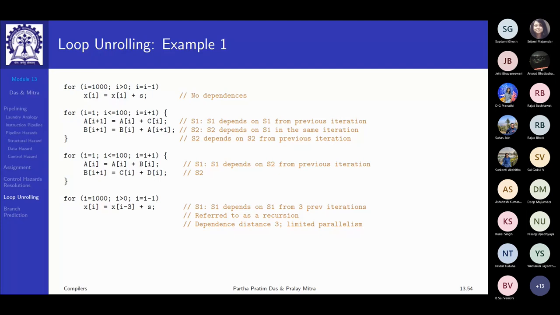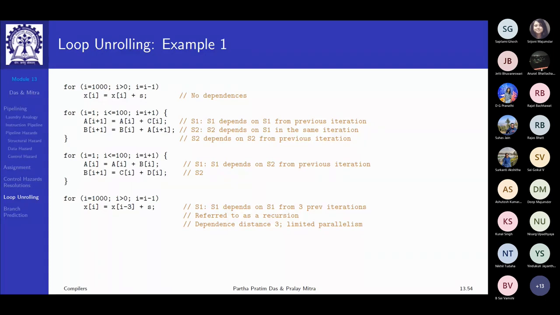Because if the loop count can be constant, then you get a much better option to optimize the loops. In many cases, this becomes more useful when you deal with vector matrix kind of operations, where certainly the loop count is not significantly variable.